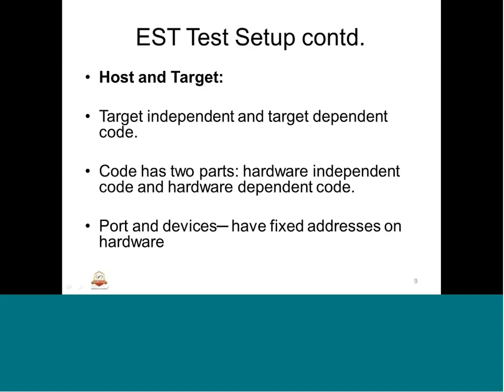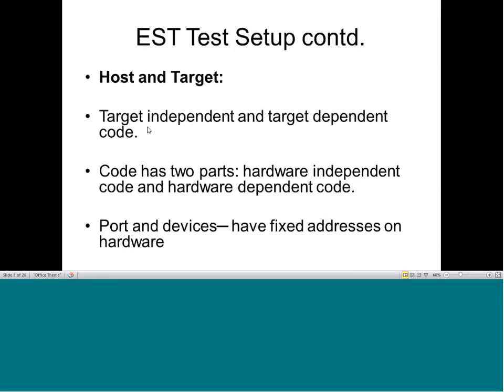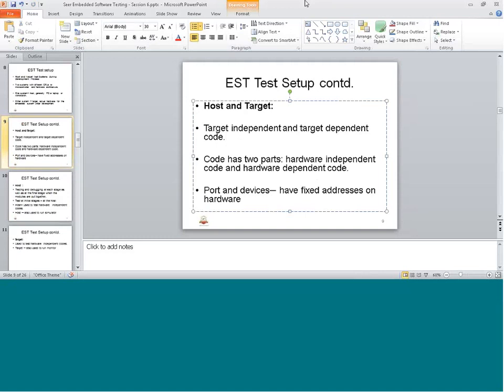So, continuation of that: host and target independent and target dependent code. What it means is that there are a few pieces of code that are hardware related, for example microcontroller related or registers which we may use.